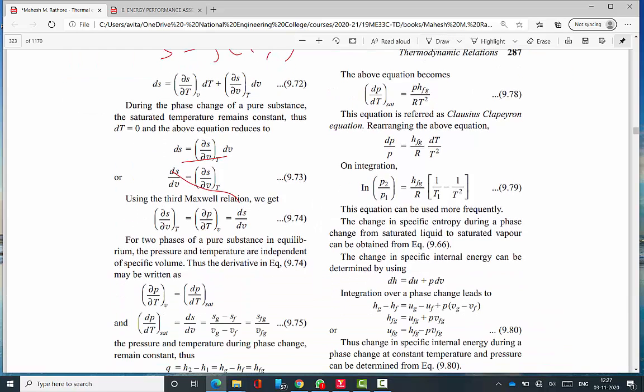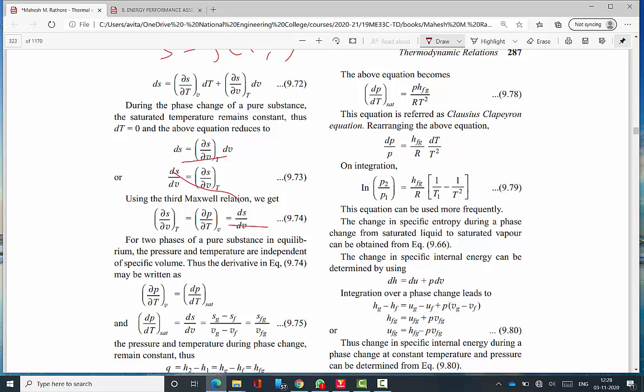For two phases of a substance in equilibrium, the pressure and temperature are independent of specific volume. This derived equation 9.74 may be written as (∂P/∂T) at constant volume equal to dP/dT at saturation.